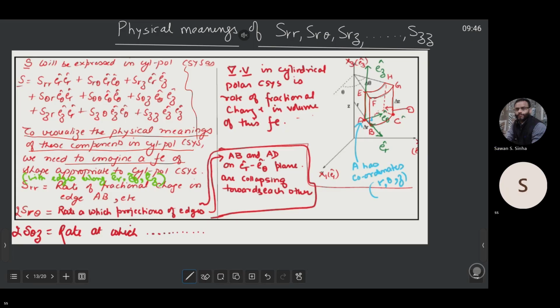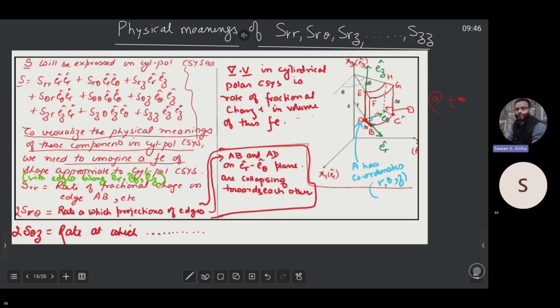What is the shape? Vertex A or the fluid particle at A is here. I go radially out by delta R. This is the picture at time T. You go radially out, radially away from the axis, delta R, you have B there.